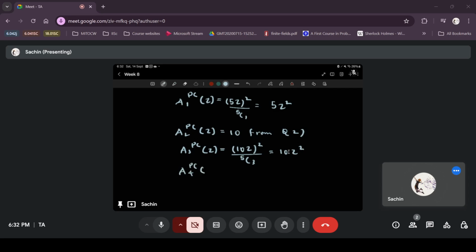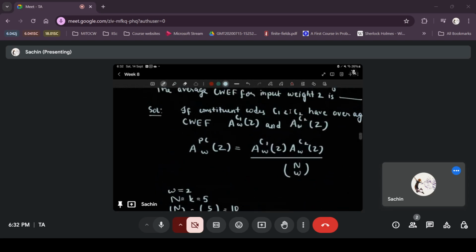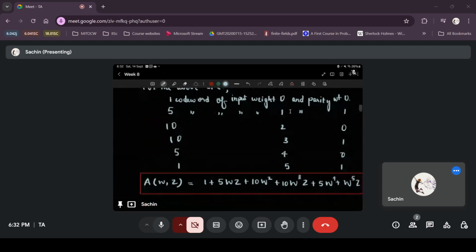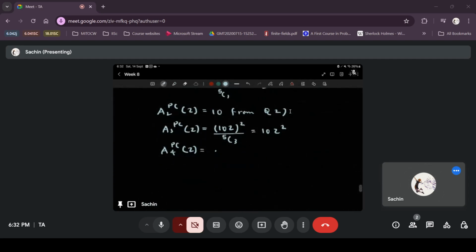A4 PC of Z is 5Z square divided by 5C4, which is nothing but 5, so it's Z square.